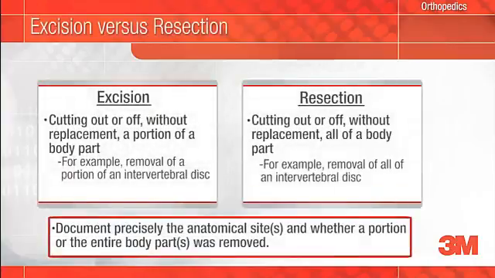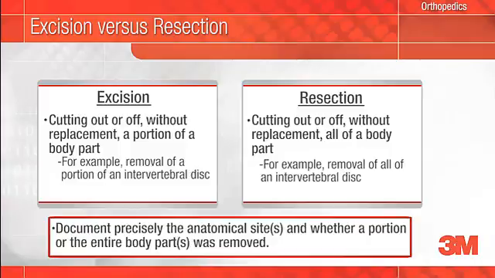ICD-10 PCS has specific definitions for these two different procedures. A code for excision is used only when a portion or part of an organ or body part is taken. Resection is taking all of a body part.